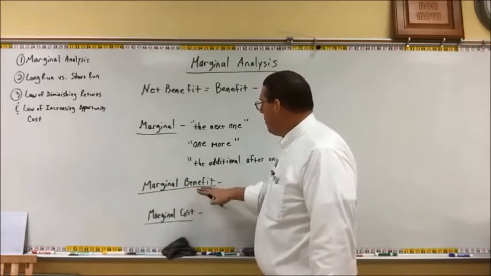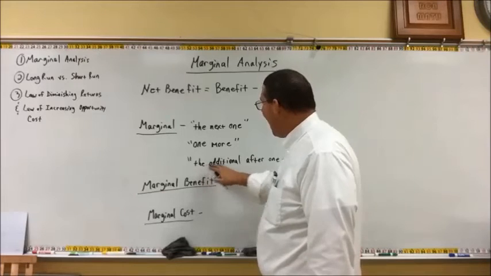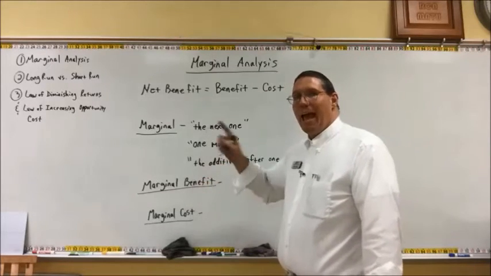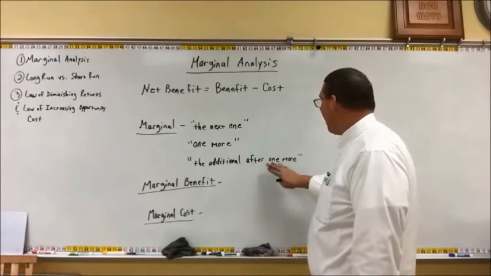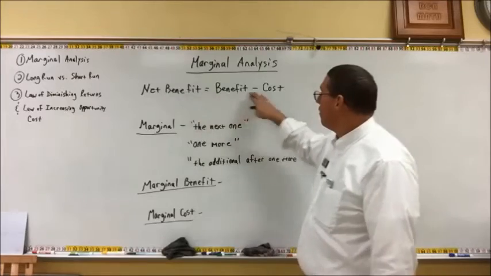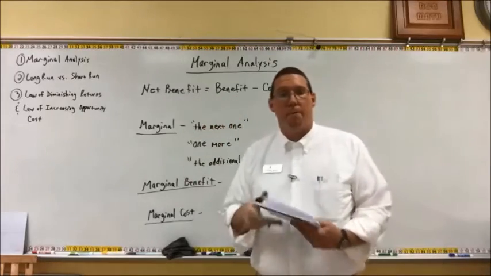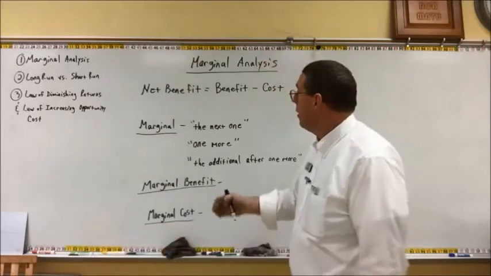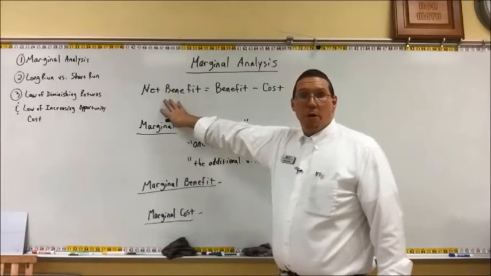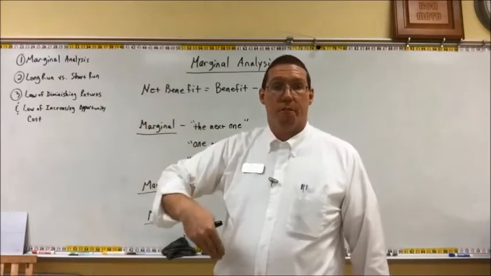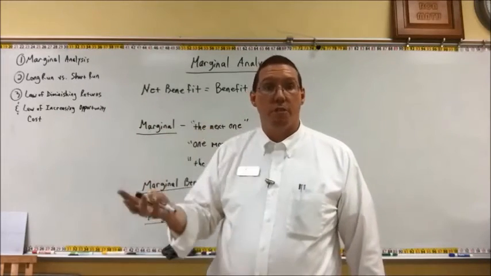Marginal benefit basically means the added benefit, the additional benefit after you get one more. So this idea of net benefit minus cost, for example, let's say that you eat 1 slice of pizza, okay? You're going to get a benefit from that 1 slice of pizza. Several different kinds of benefits. You're going to fulfill your hunger. It's going to taste good.